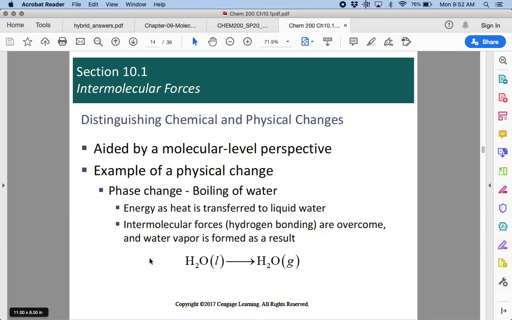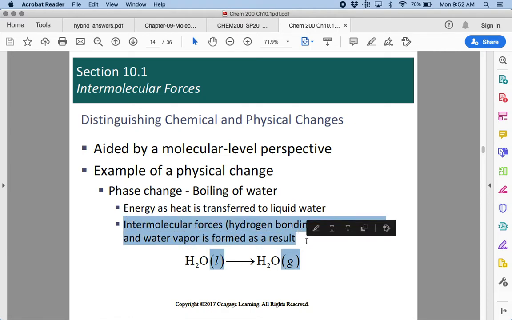So like we said, when we go from H2O liquid to H2O gas, this is a physical change occurring. Nothing about the composition of the material changed. It's still H2O. All that happened was it physically changed states of matter. We went from liquid to gas, and this has to do with its intermolecular forces.